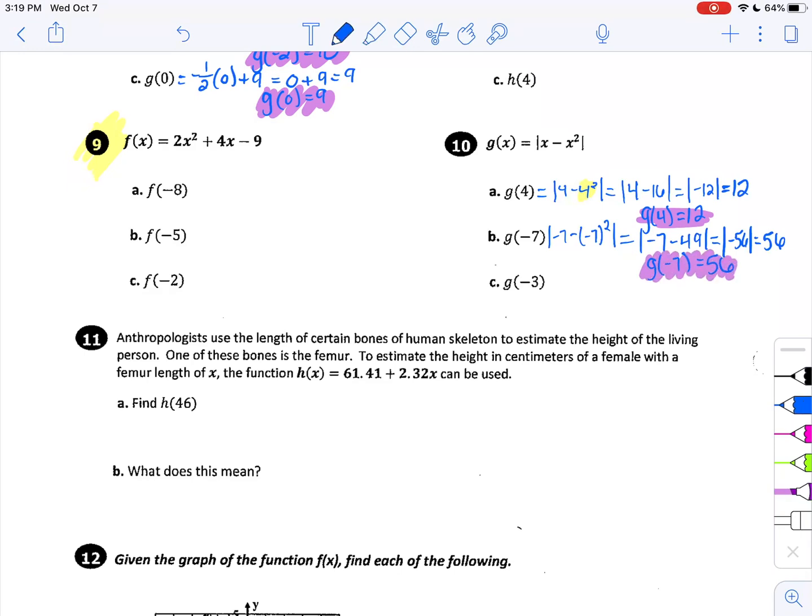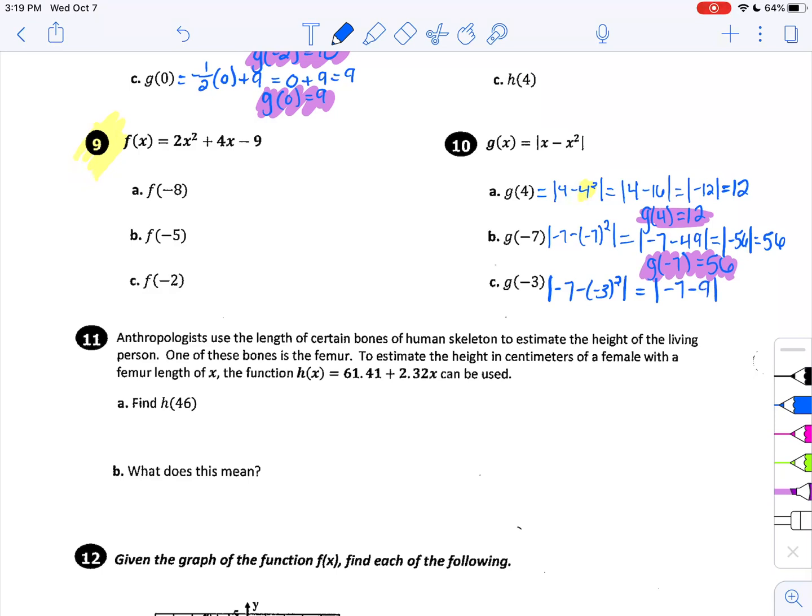And then lastly, g of negative 3. We're going to treat this one very similar to b. But instead of substituting in negative 7, we're going to substitute in negative 3. But then we're going to make sure that when we substitute it in that second time, we're putting it in parentheses. So the absolute value of negative 7 minus 9.